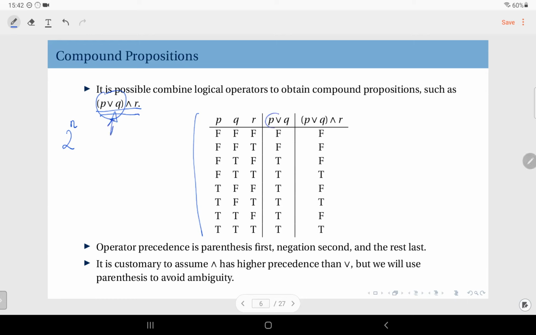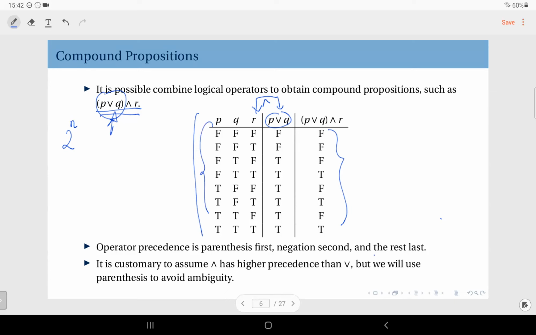So you find the value of P or Q from the definition of or we have just seen, and then you take that and you AND it with R, and the outcome is listed here. So this is the value that this compound proposition takes depending on whatever the input combination is.